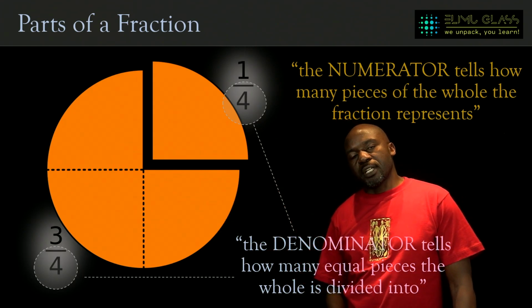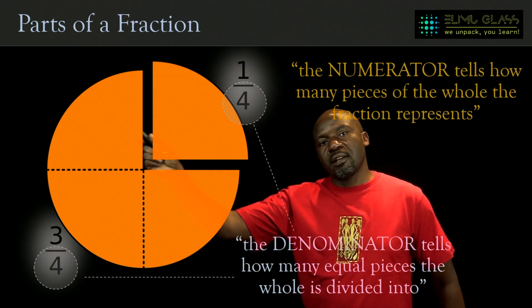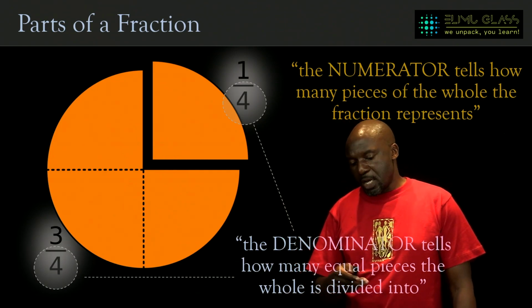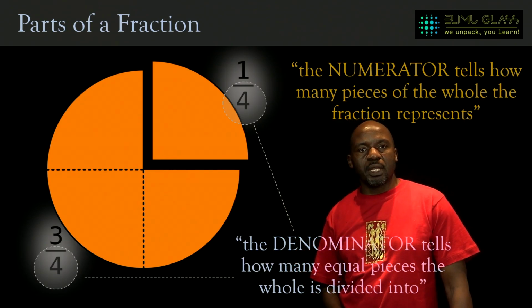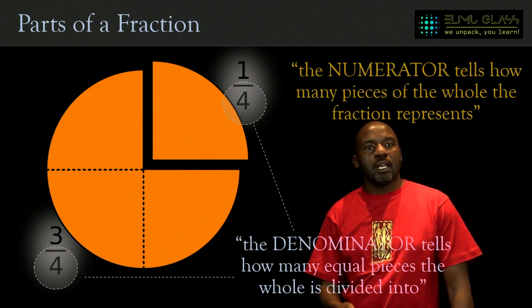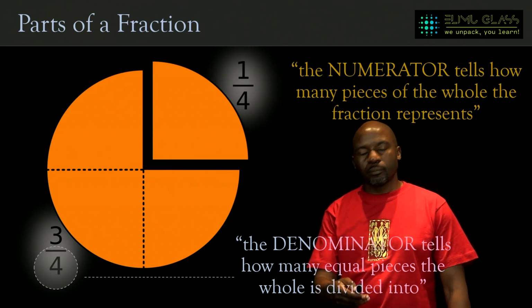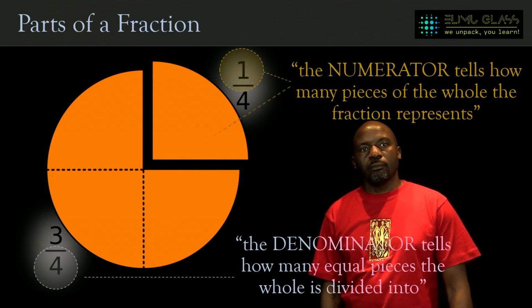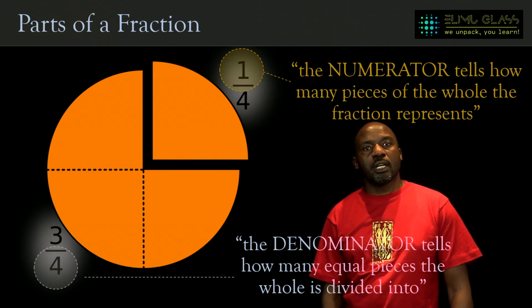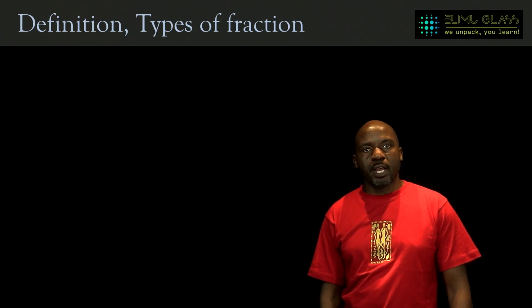So 3/4 means that we are taking 3 parts of the whole that was divided into 4. So this is again not something that is difficult, and so we can move on. Okay, so that is what the numerator tells us about the fraction that we have.